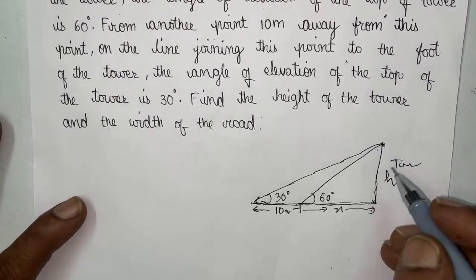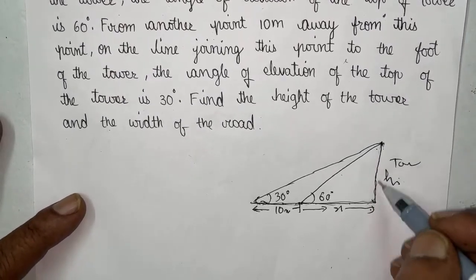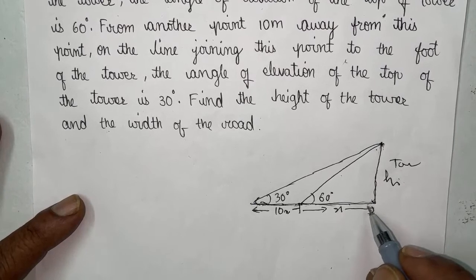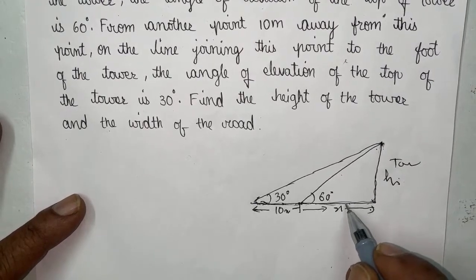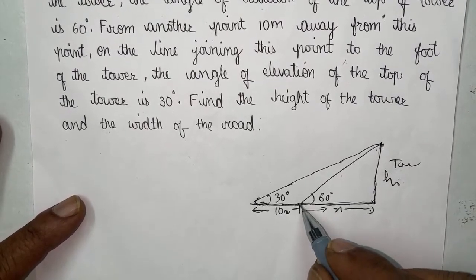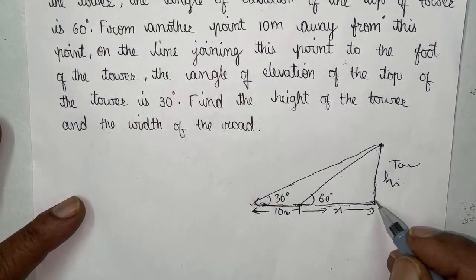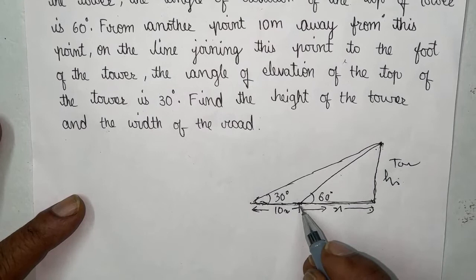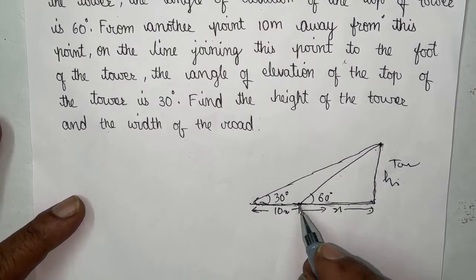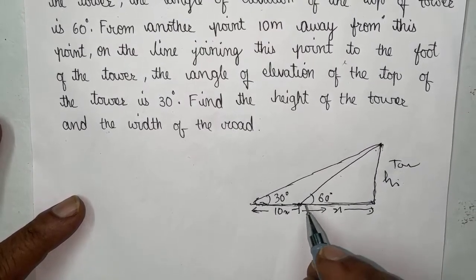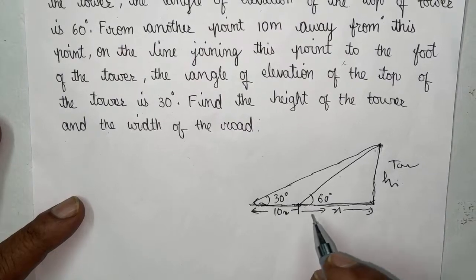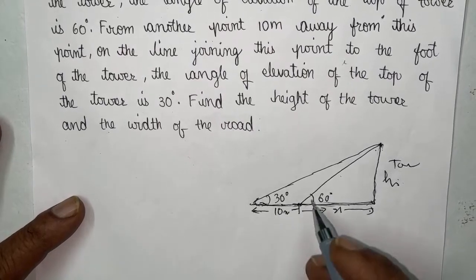You can see here, this is the TV tower, and the observer is moving a certain distance. This is the road, and on one side of the road the tower is there, and on the other side the observer is standing. So what is going to happen here?